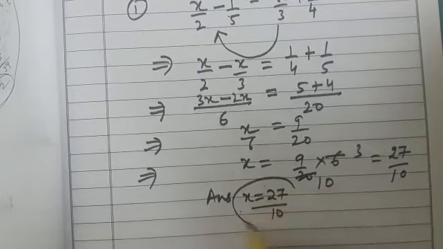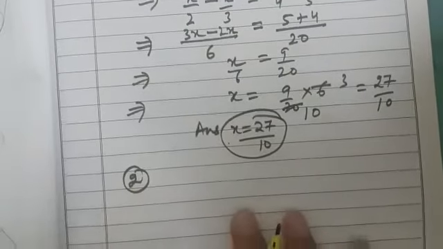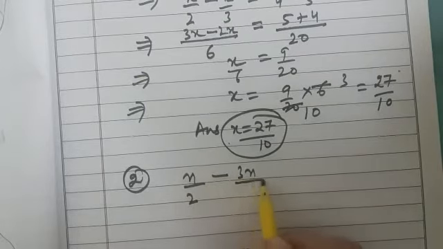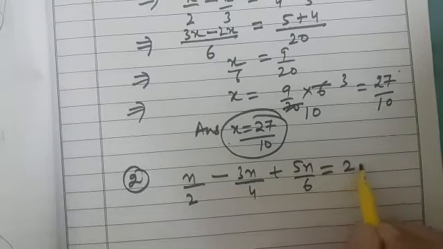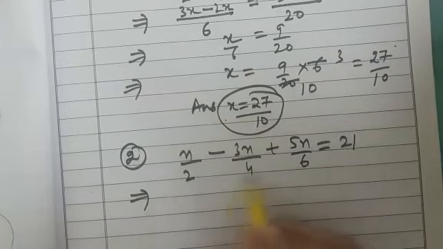Let us do the second question now. Second question is, we have to solve n by 2 minus 3n by 4 plus 5n by 6 equals 21. Yes, we are going to take LCM on the left hand side.